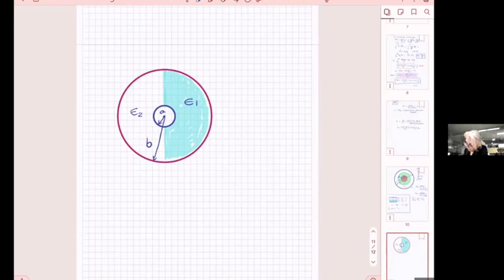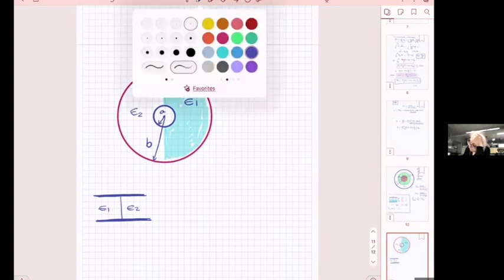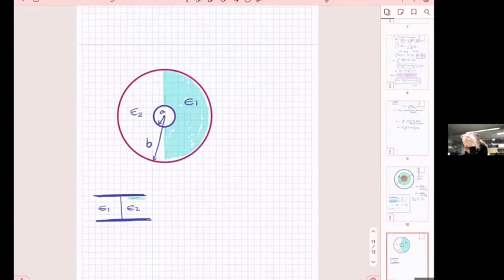Who is going to tell me? Remembering what we did for the parallel plate. How are we going to do this?